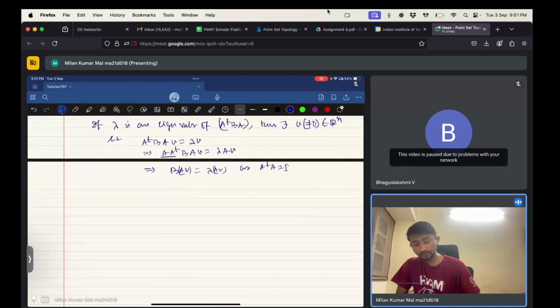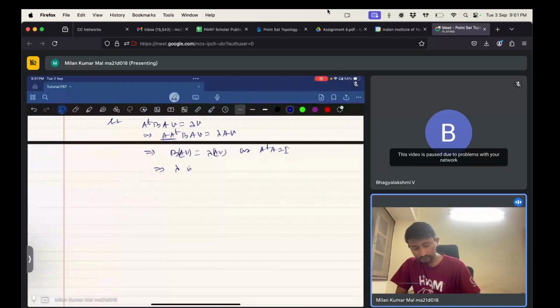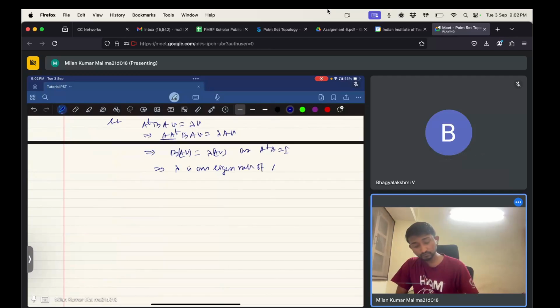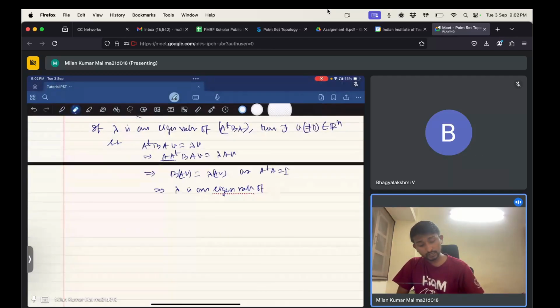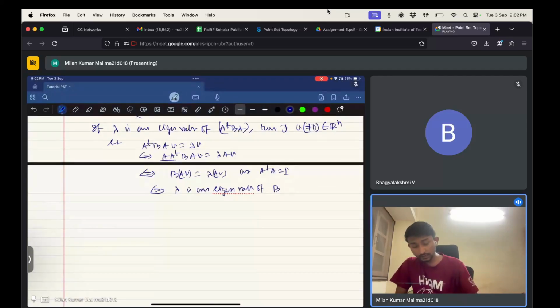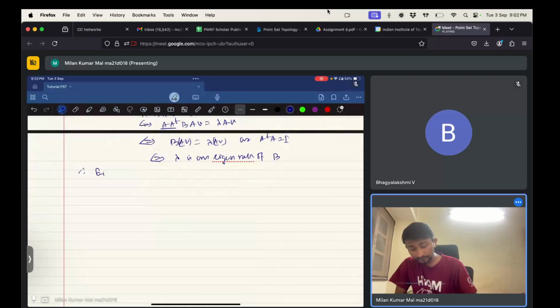So that means lambda is an eigenvalue of B. So similarly, if lambda is an eigenvalue of B, it is an eigenvalue of A transpose B A. So that means the eigenvalues of B are the same as the eigenvalues of A transpose B A, right?